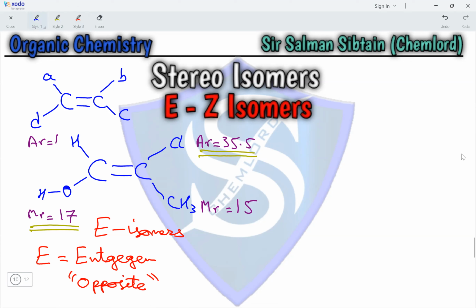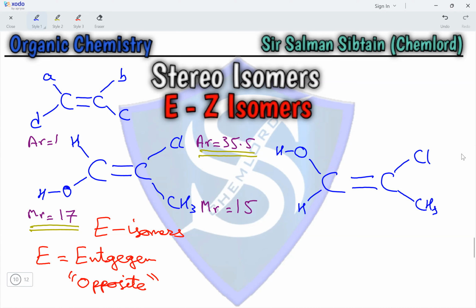And if we switch the two groups on either of the two carbon atoms with a double bond between them, let's switch the one on the left. So if the OH group goes up and the hydrogen atom comes down, whereas on the right, Cl stays above and CH3 stays below.